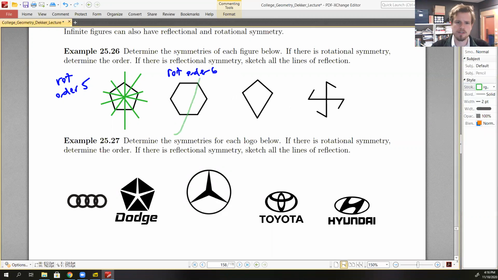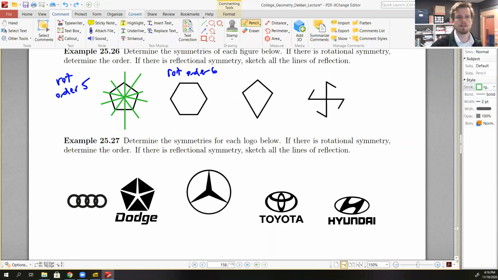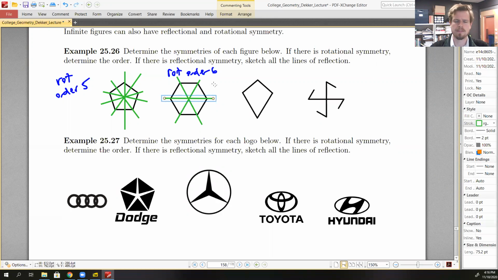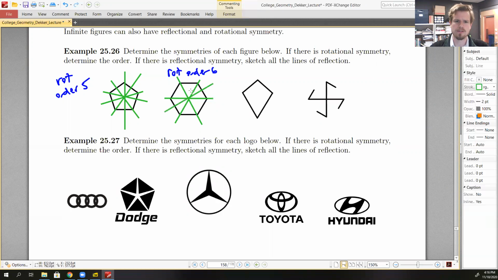So reflectional symmetry through the vertices and reflectional symmetry through the midpoints of the sides for 6 lines of reflectional symmetry.